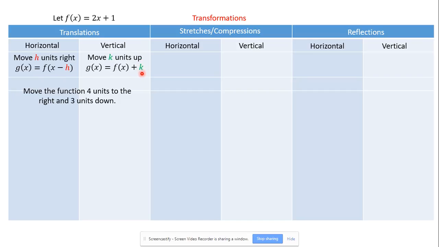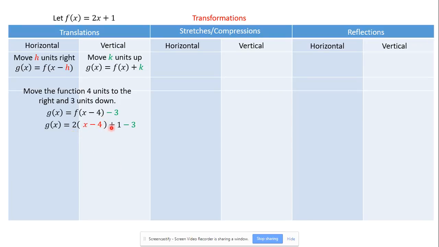So this will be a minus 3. So we have f of x minus 4 minus 3. So we're going to take our f of x function. We have 2 times something plus 1, and we're going to subtract 3 from it. And then that something, that x value, becomes x minus 4.